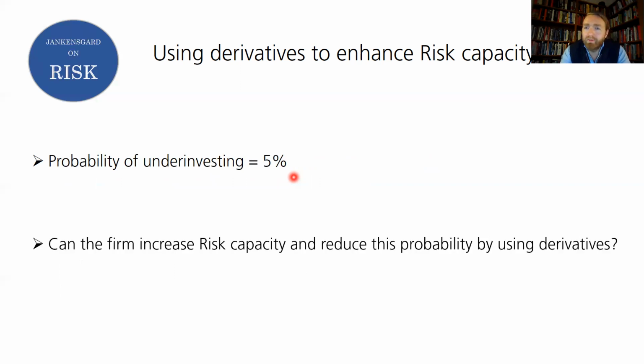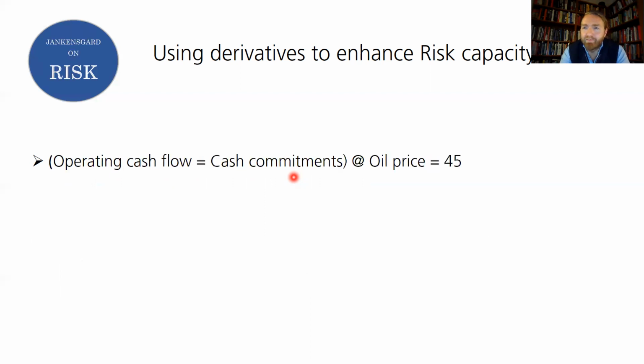So let's ask now, what if we consider derivatives? What if we find this to be too high a number and we want to do something and we had the put option available? Let's go back and think about whether or not that could be value creating for us. So the first step here is to find out at exactly which point do we need them.